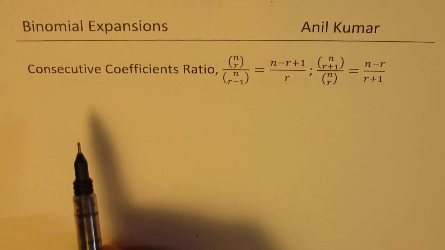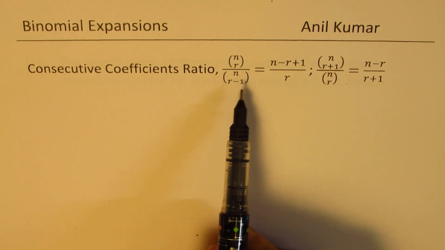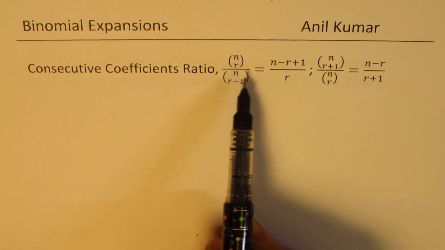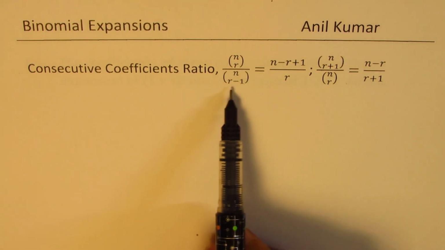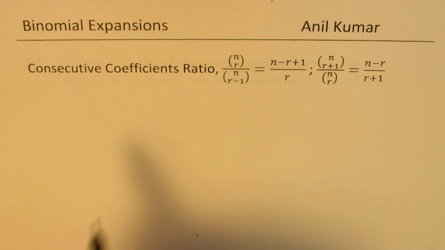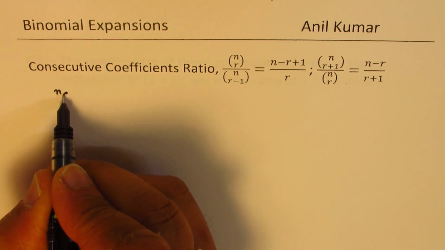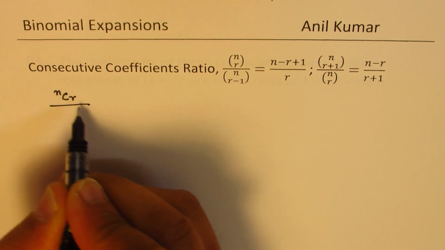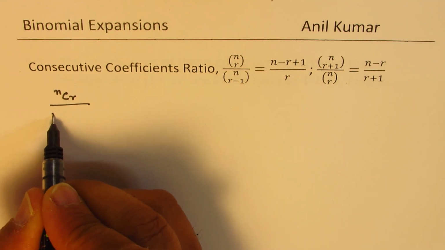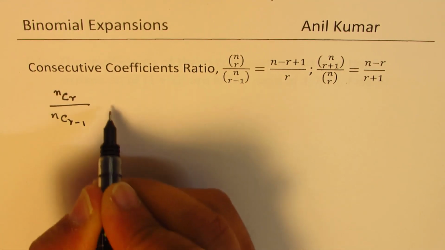So let's also find the consecutive ratios for the coefficients nCr over nCr minus 1. So we just did this, most of you must have got it. So we are now writing like this, nCr over nCr minus 1. So that's another form of writing the same thing.